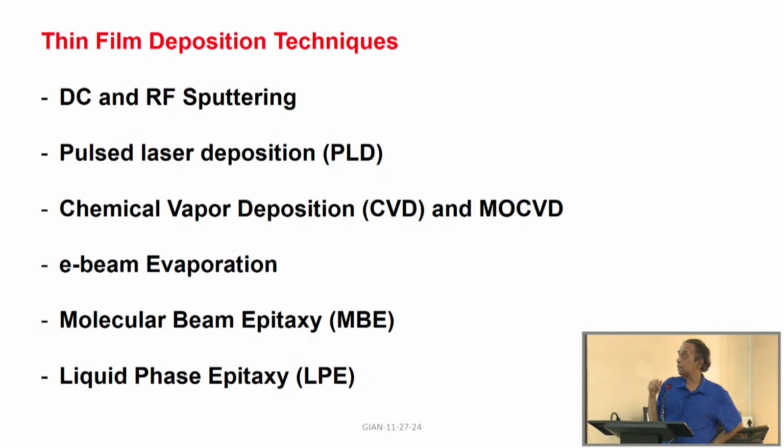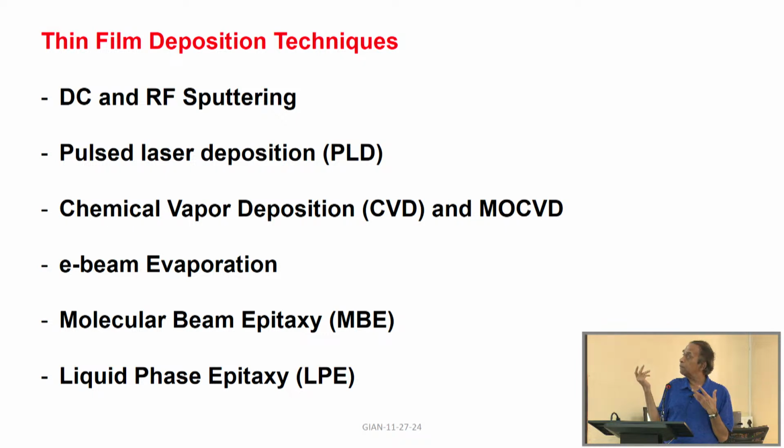If it is an oxide film, the high energy plasma would be made of oxygen. If it is a metal film, you do not want to oxidize the film, so it will be argon plasma hitting the target. It will break loose the material from the target, and then you can deposit the film on a substrate.